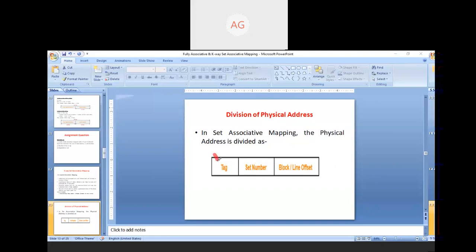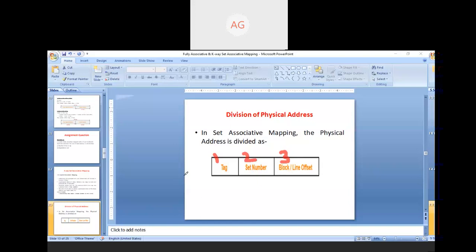The first part consists of the tag, the second part consists of the set number, and the third part consists of the block or line offset. Just remember it. These are the three parts.